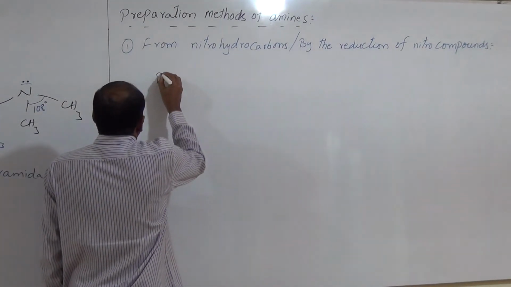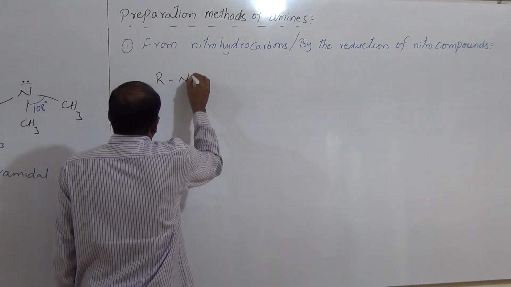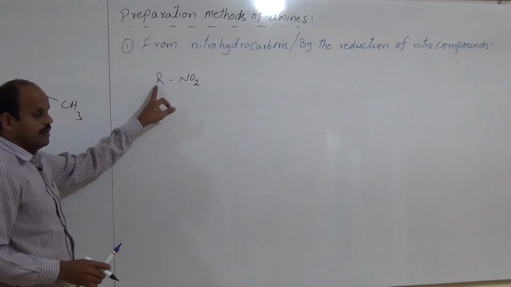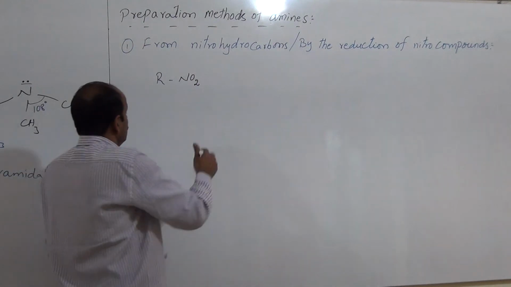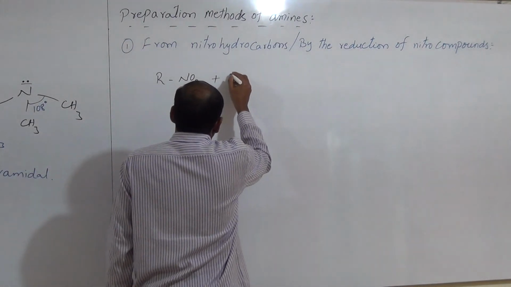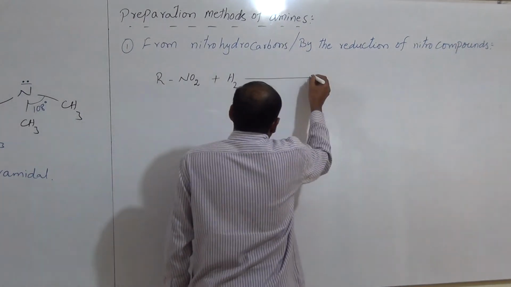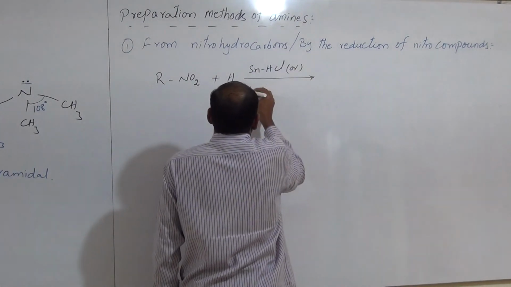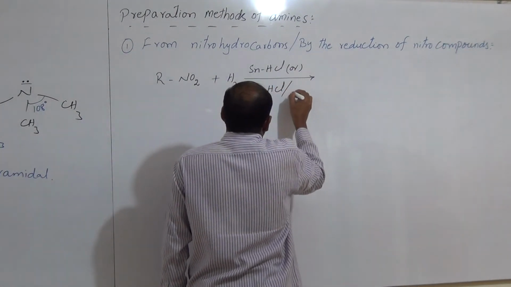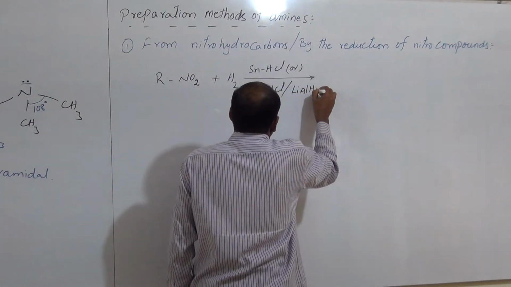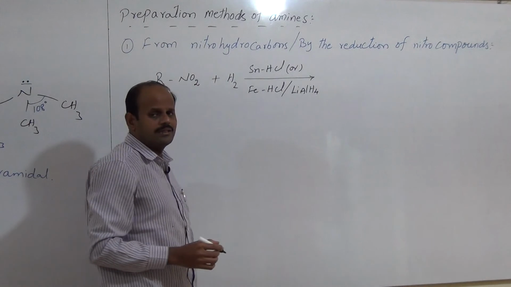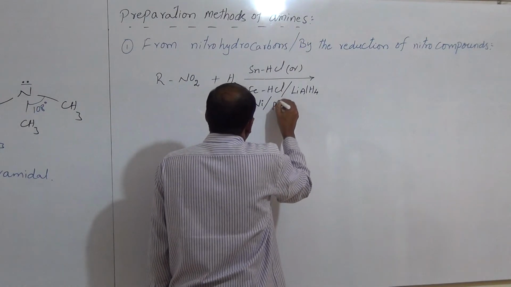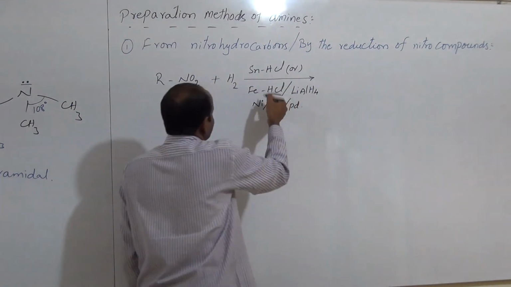That means if you take nitroalkanes or nitroarenes, where there is either an alkyl group or an aryl group, they undergo reduction in the presence of Sn/HCl or Fe/HCl or lithium aluminum hydride or any catalytic hydrogenation, that is, in the presence of nickel, platinum or palladium. You can take any one.